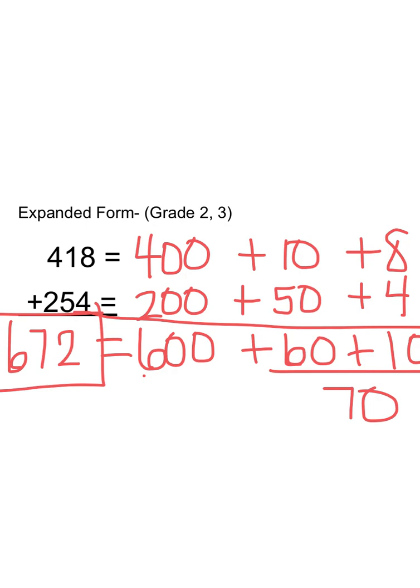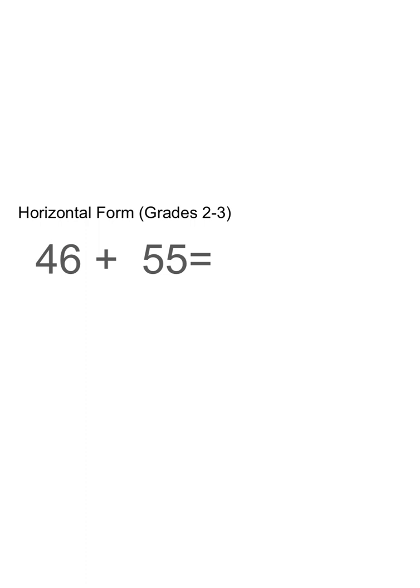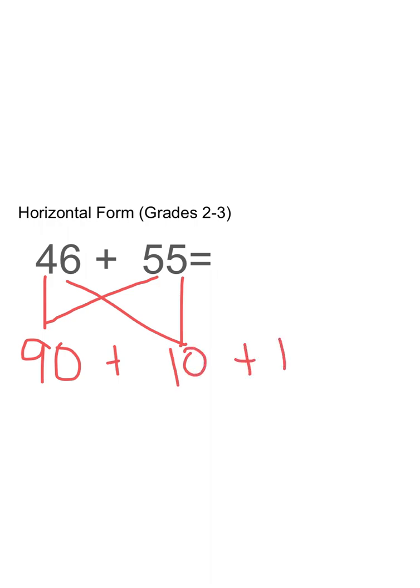so that I know that every child knows that that's a 400 and that that's a 10. They need to know that those are not 4s and it's not a 1, it's a 400 and a 10. The reason is because then when I take it to what's often a shorter or more efficient method, they need to call it. So I have a 40 plus a 50 equals a 90, and a 6 plus a 5 equals a 10 plus 1.